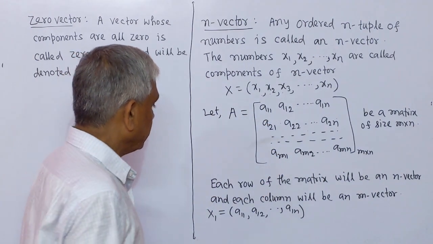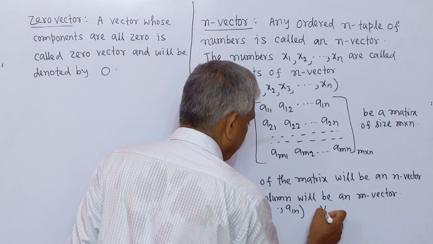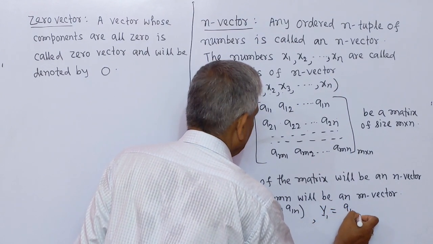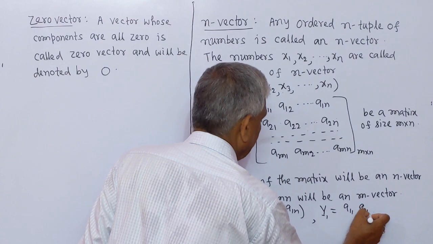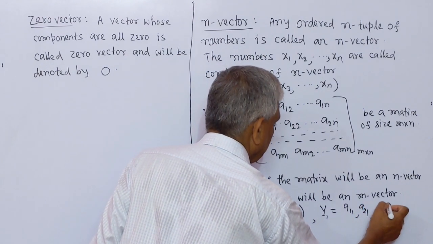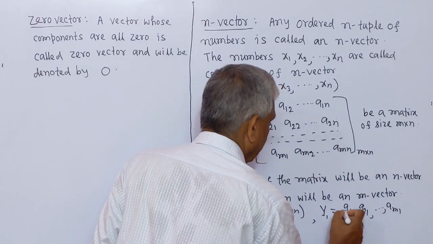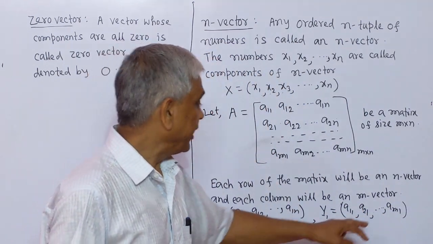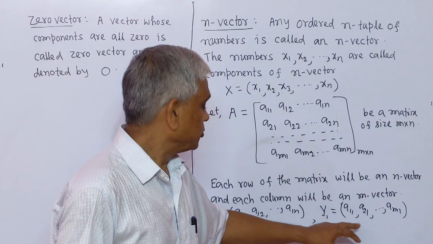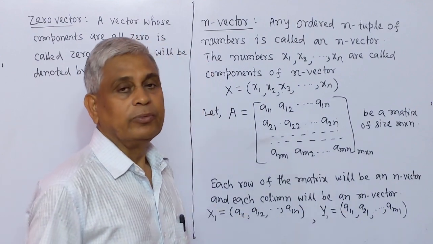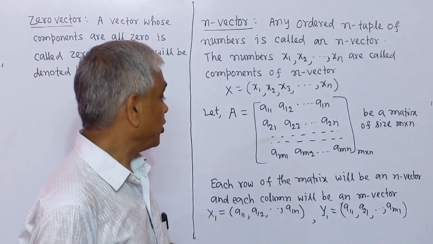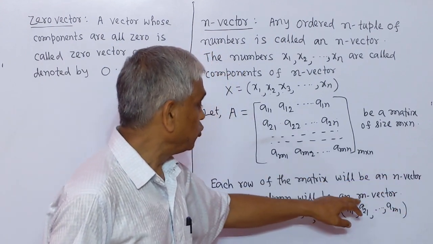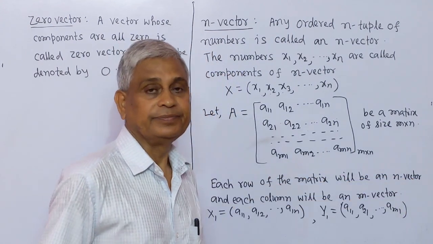So if we write this as y1, a11, comma a21, comma a m1. This is also an m-tuple. So this is an m vector, not an n vector. Row vector is an n vector and column vector is an m vector.